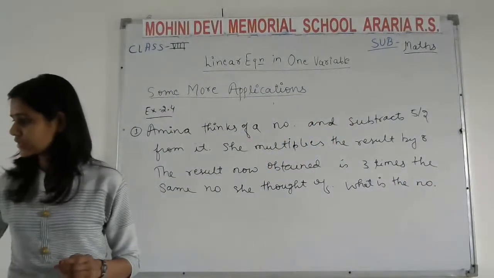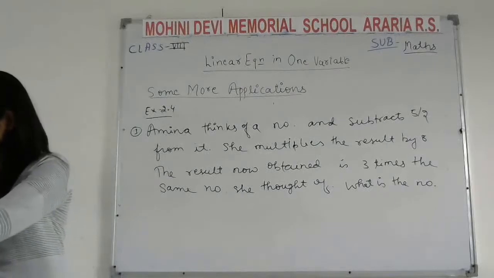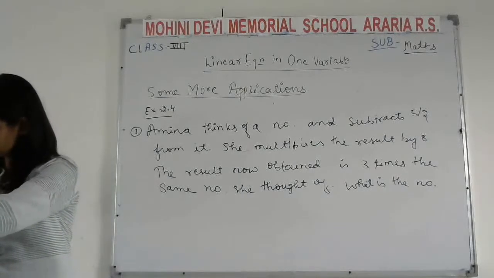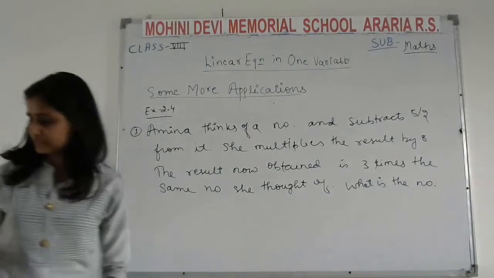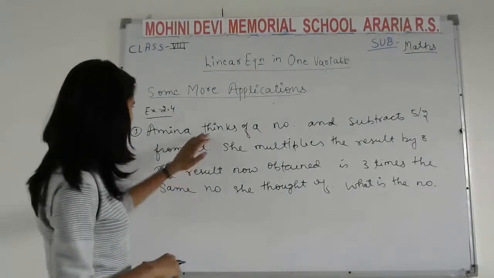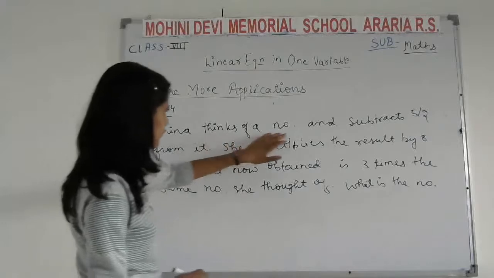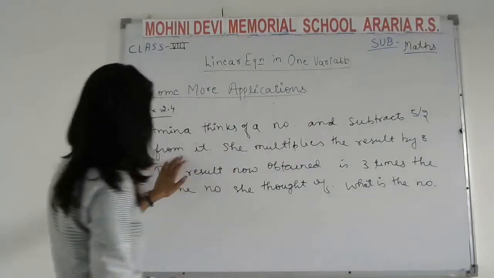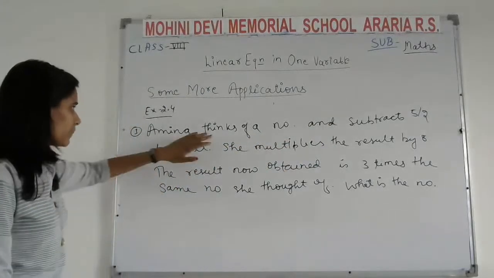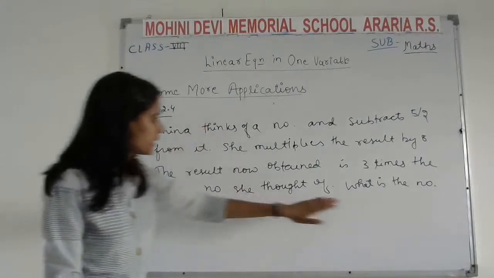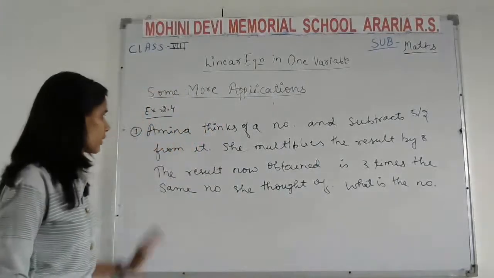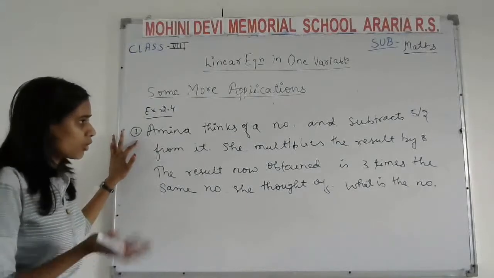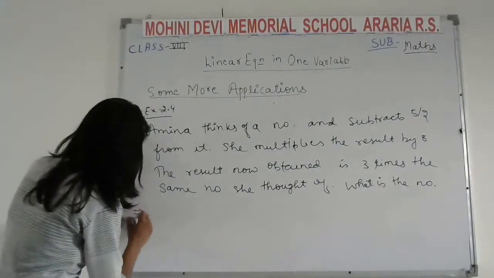The question is asking for what is the number that Amina thought of. Amina thinks of a number and subtracts 5 by 2 from it. The question tells us that Amina thinks of a number, and in the last, the question asks what is the number. We don't know what number Amina thinks of.